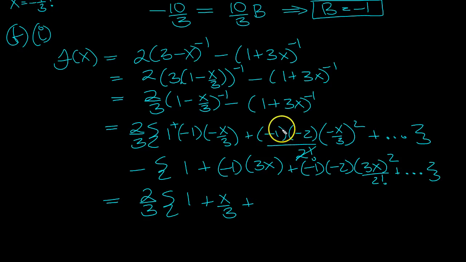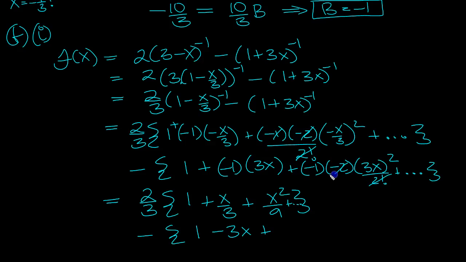The 2 will cancel with the 2, and here we've got x squared over 9. Then we've got minus 1 minus 3x. Minus times minus is a plus, the 2s cancel once more, and we get 3 times 3, 9x squared.